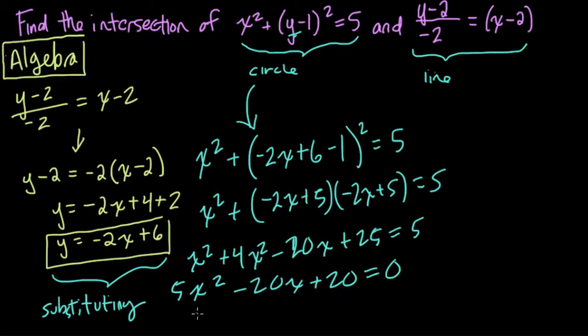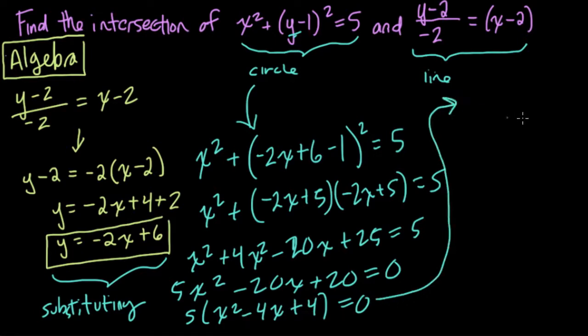At this point I want to factor out my 5, so I get 5 times (x squared minus 4x plus 4) equals 0. My final step is to divide both sides by 5. So now I get x squared minus 4x plus 4 equals 0, because dividing the left side by 5 cancels the 5 out, and dividing 0 by 5 gives me 0.